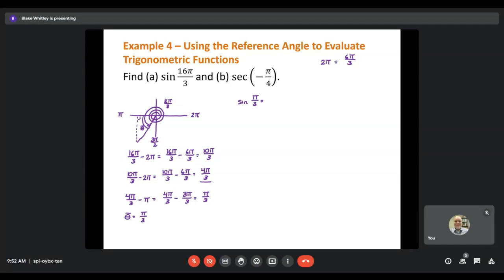Sine of pi over 3 should be square root of 3 over 2. And now we want to know the sine of 16 pi over 3. And we just showed that 16 pi over 3 is in the third quadrant. In the third quadrant, only tangent and cotangent are positive, so sine has to be negative. So we get negative square root of 3 over 2.